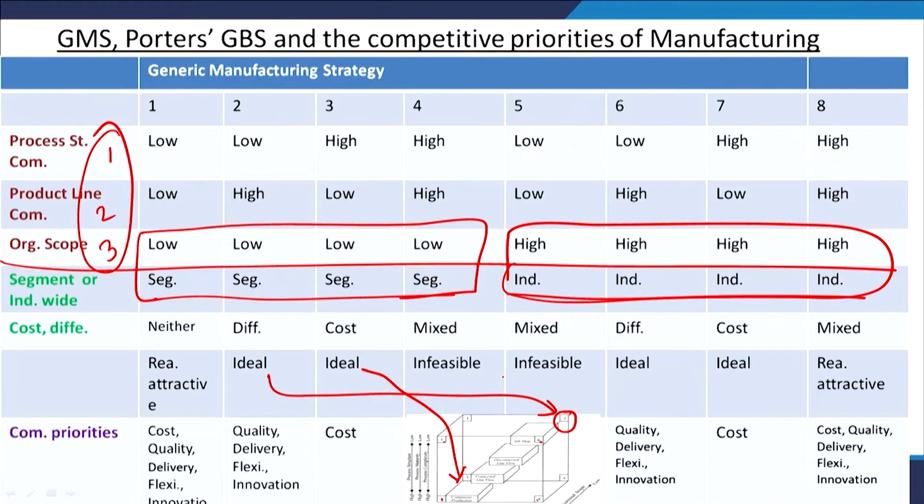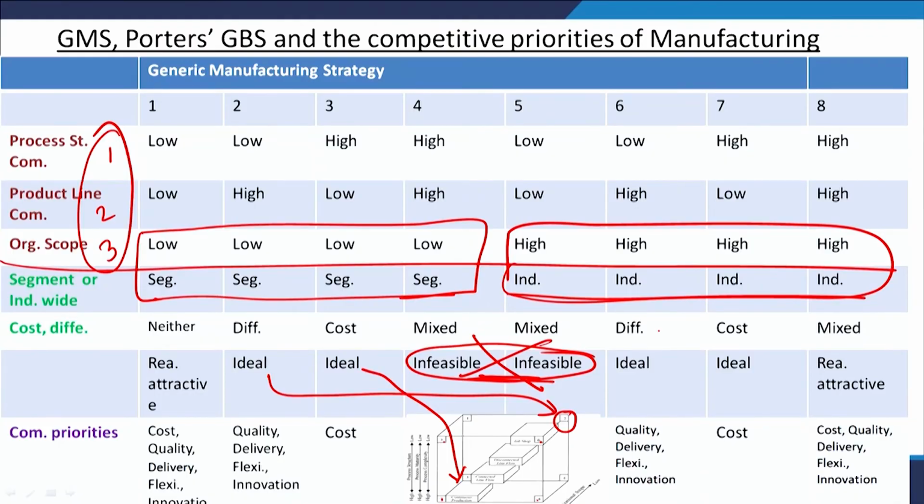Similarly, strategy number 4 and 5 are infeasible and are to be rejected, and therefore, we do not have any clear cut cost leadership or differentiation advantage coming from these 2 types of strategies. And then again, we have a clear decision about the ideal condition when we have differentiation for the 6th, and for the 7th we have the cost leadership advantage.